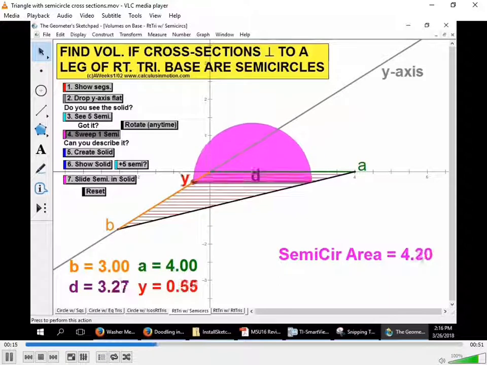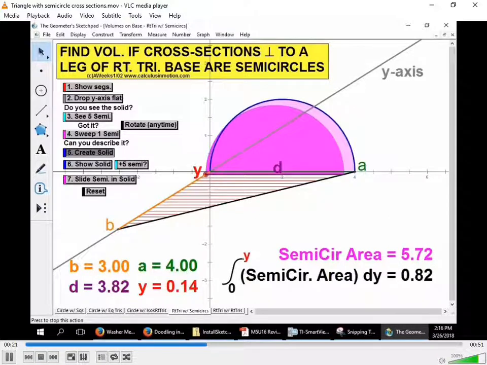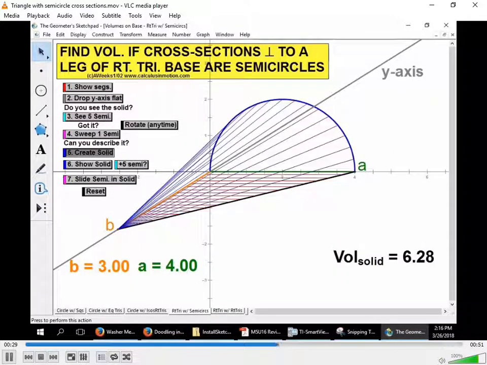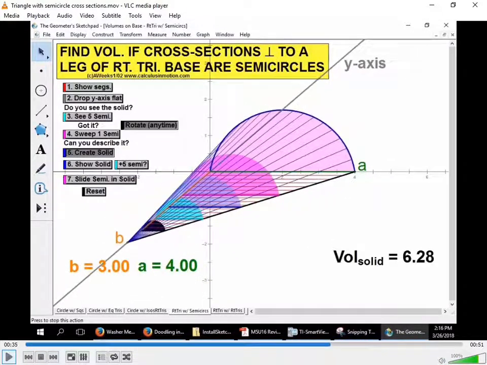Okay, now I'm going to drag a semicircle across it so you guys can see how the semicircle changes shape. And this is what the shape looks like if I put all the semicircles together. So this shape is kind of like half of a cone. You see? And those are the cross sections inside of it. Do you see how when we move it back, these cross sections look like lines?